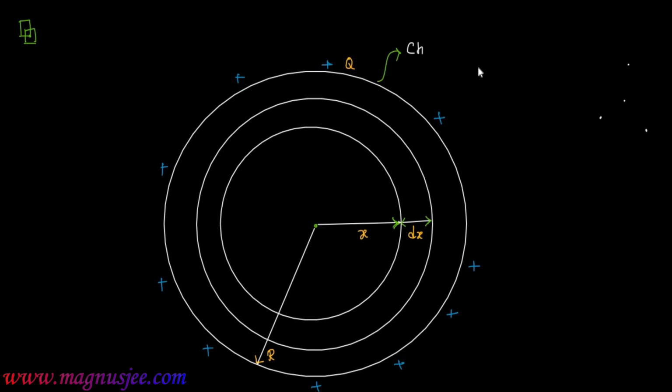Plus Q is the charge, and this is the charged metal sphere of radius capital R.